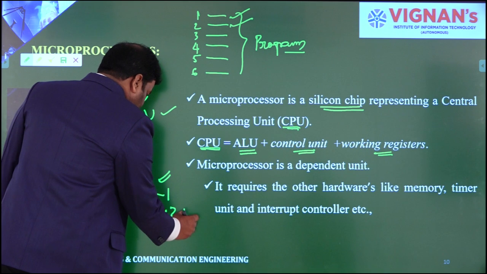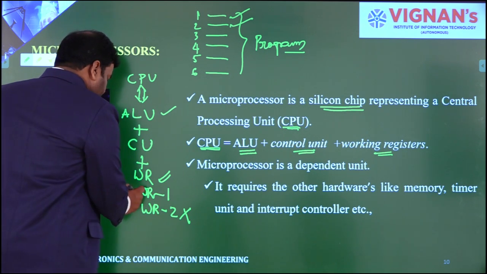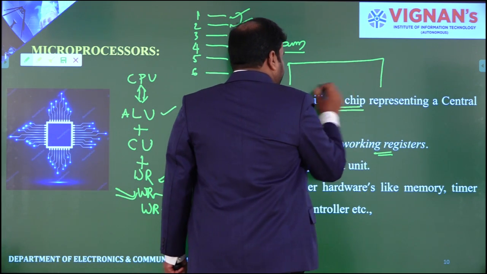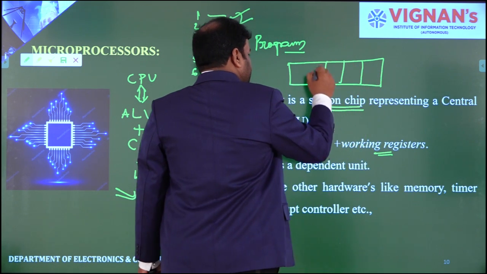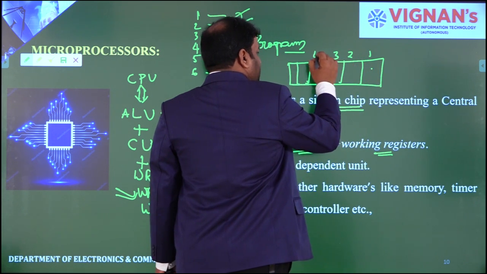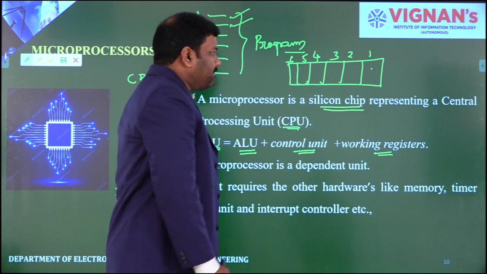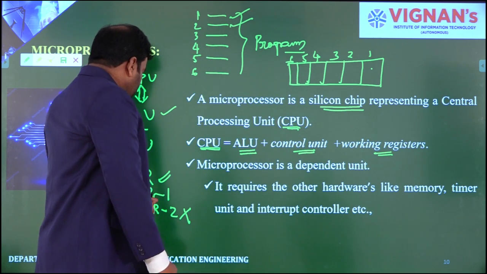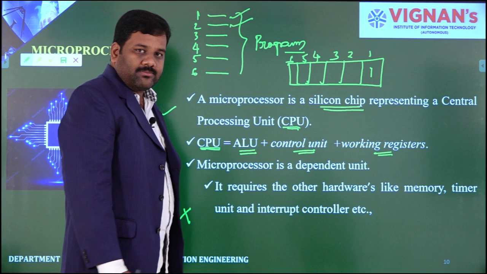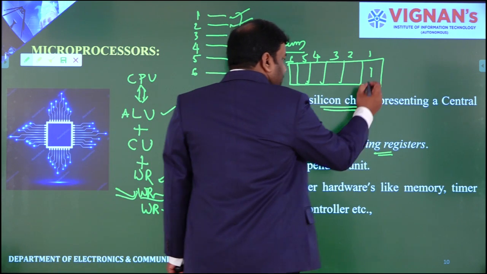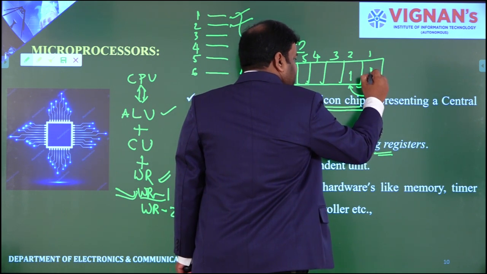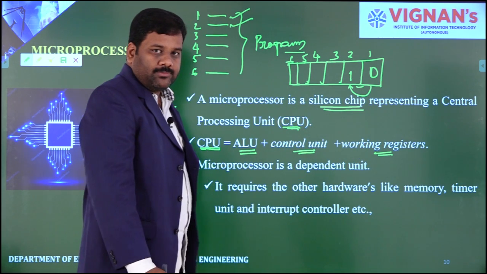For example, say working register 2 is not available. Then we have only WR1, working register 1. A register means location number 1, location number 2, 3, 4, 5, 6. So we have only one register, working register 1. The first statement's output is stored in the first location. Once the second statement is executed, this information is shifted to the second location, and the new value becomes statement 2's output.